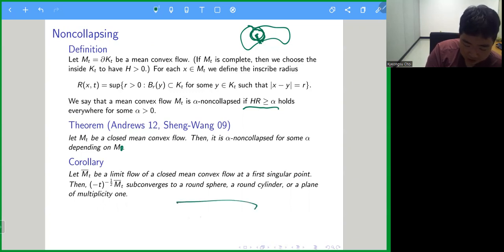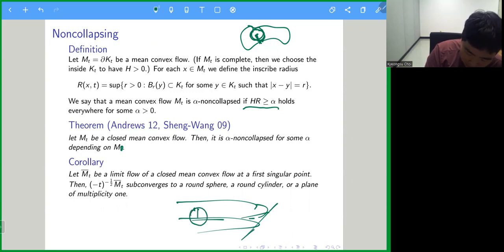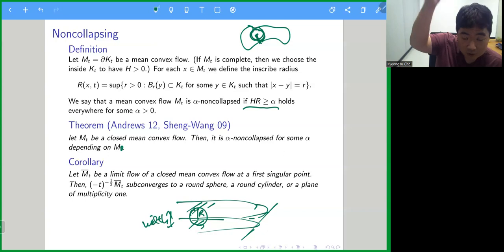Because, for example, I have this Grim Reaper cross R, then you can choose a point in the middle, and the inscribed radius at this point is determined by the width, the distance between these two asymptotic planes. So R has an upper bound.